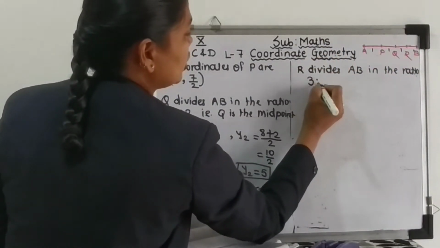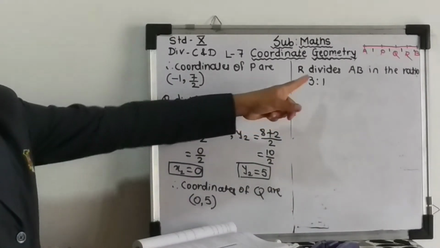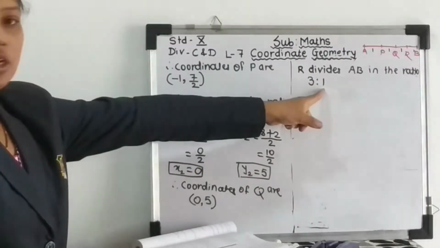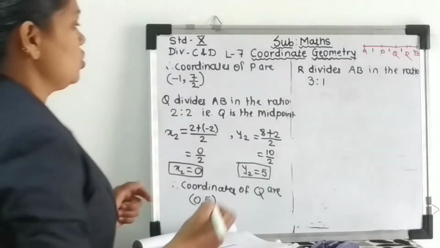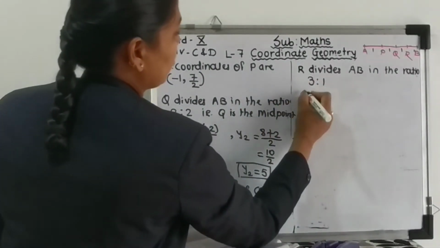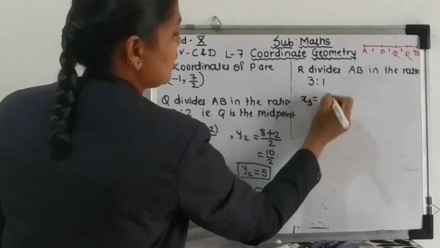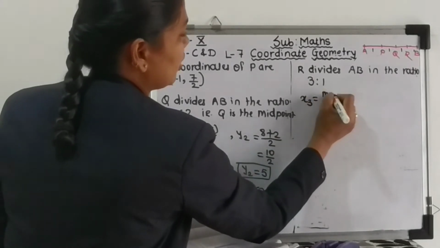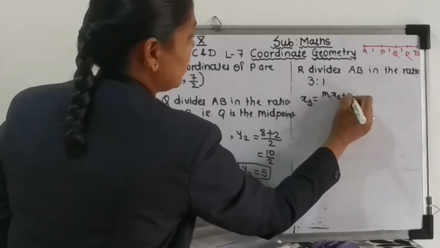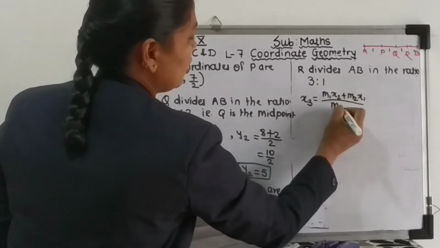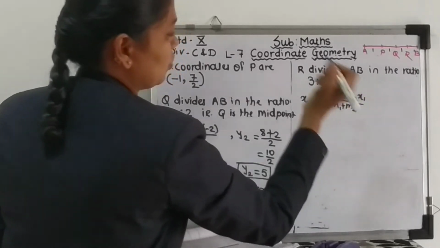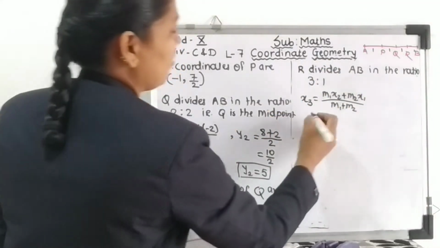So divided in the ratio 3:1. So that's why here our m1, m2 is 3:1. 3 is m1 and m2 is 1. So let us use that section formula. So x3 is equal to m1 x2 plus m2 x1 upon m1 plus m2. Right?